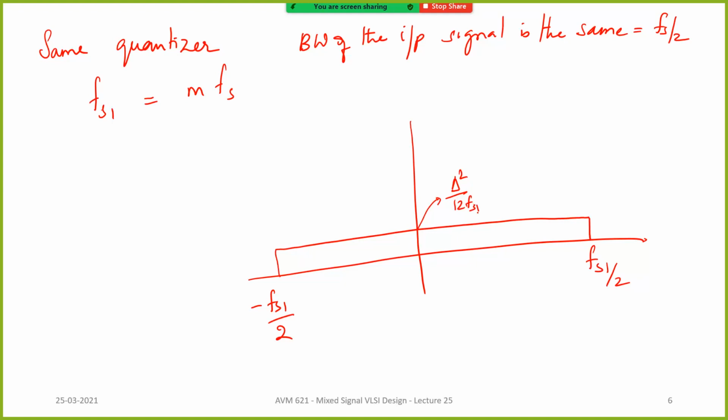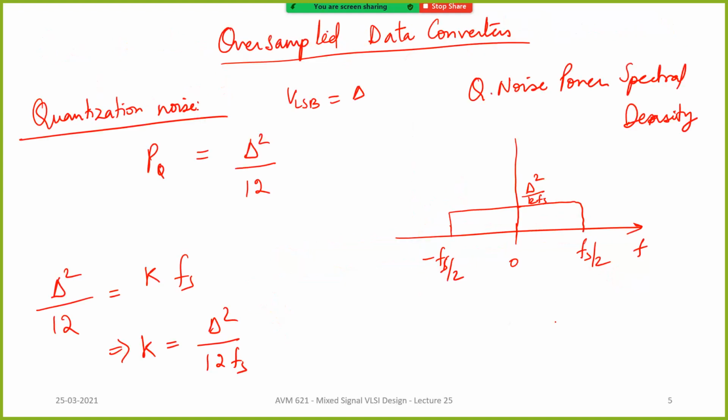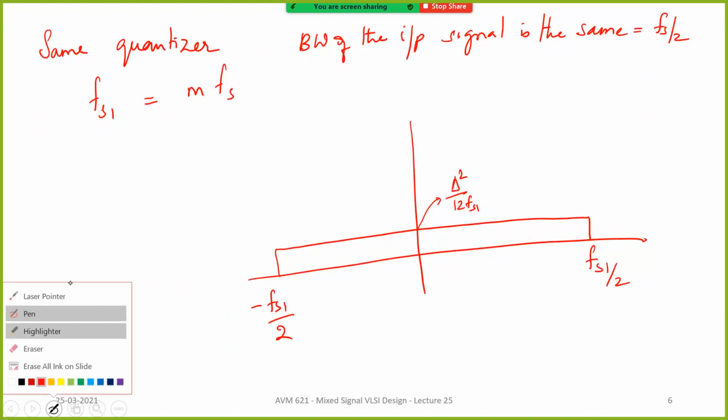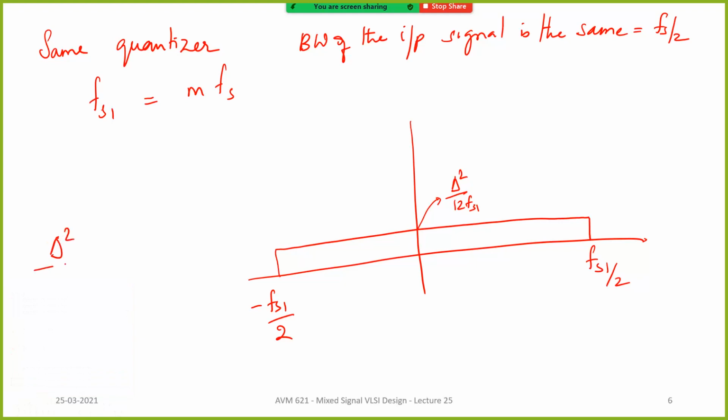Now comparing this value with the previous one, del squared by 12 Fs1 and del squared by 12 Fs, which will be greater? The second one will be greater, right? So if I overlay both of them, it's going to be something like this.